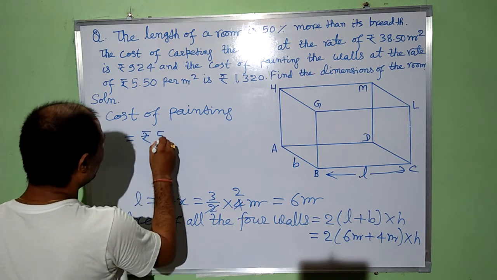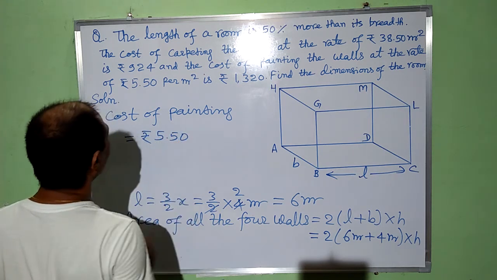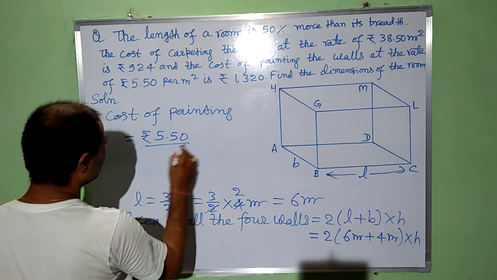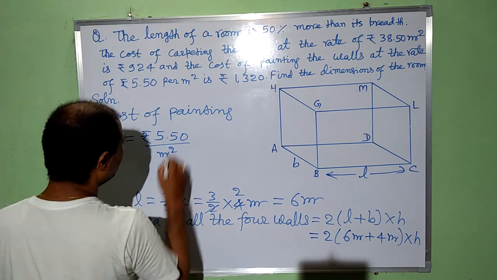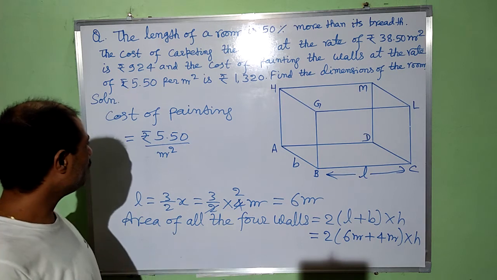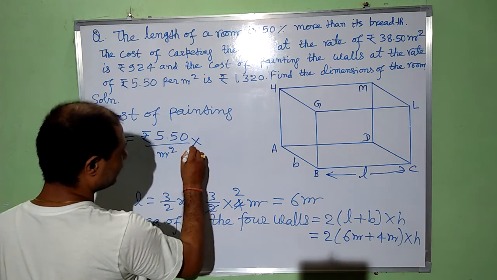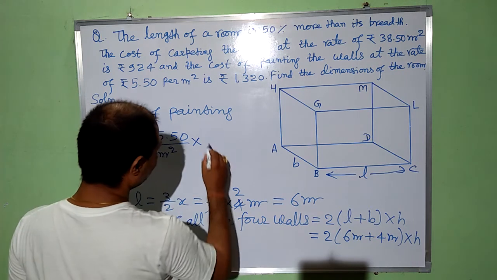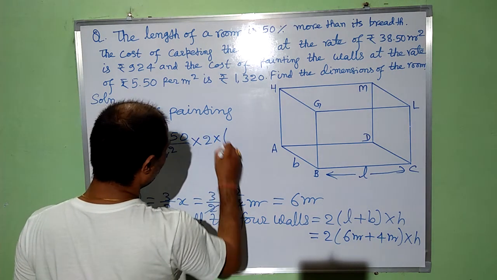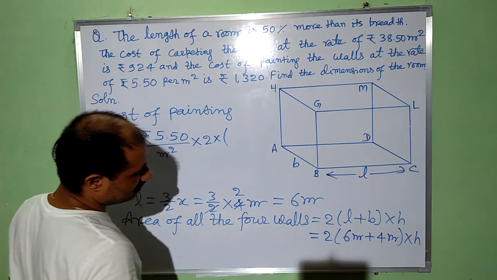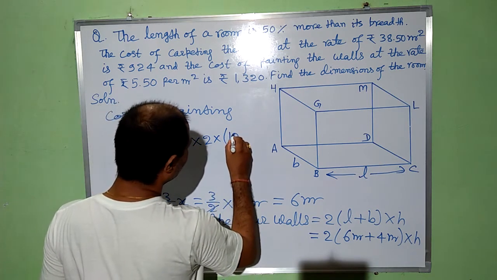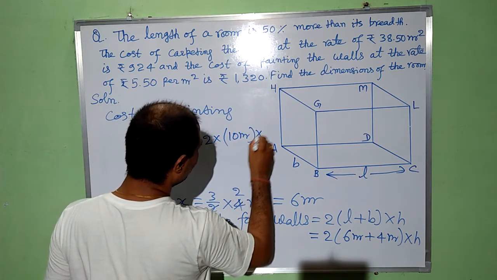Rate is 5.50 per meter square. This is the cost of 1 square meter, and total area is obtained here like this: 2 into 6 plus 4, that is 10 meter, into h.